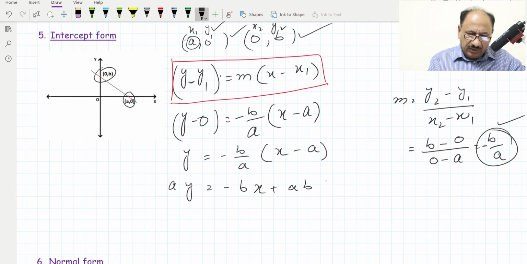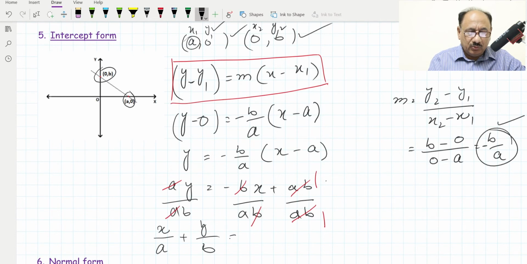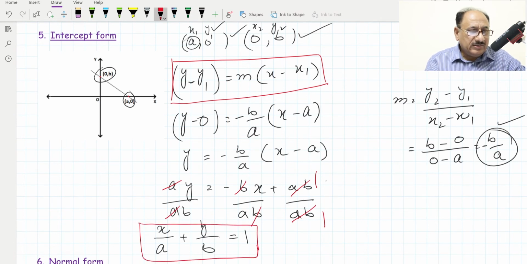Now we can divide everything by ab, and now we can cancel: ab will be cancelled with ab, b with b, a with a, and now we can shift this minus x over a to this side, so it will become x over a plus y over b is equal to 1, and this is the equation which I was talking about. This is the equation of a line in intercept form.